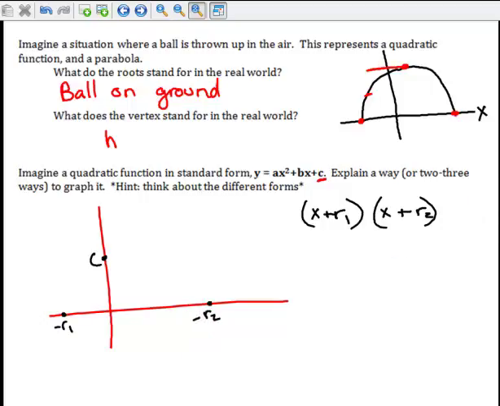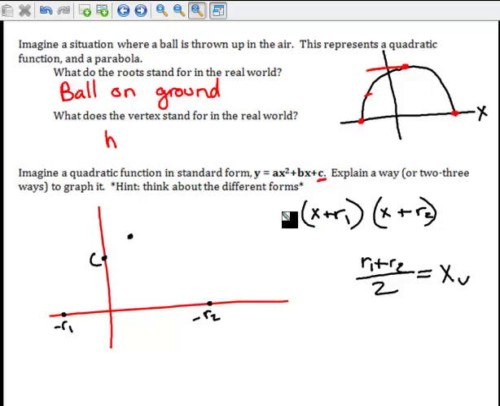And then if we can't factor, we could put it into vertex form and get our vertex. Or if we can factor, we can use our roots, add r1 plus r2 and divide by 2. That gives us the x of our vertex right here. Okay, and then plug in the x of the vertex, and that'll give us the y of the vertex. And then we should be able to come up with our shape.